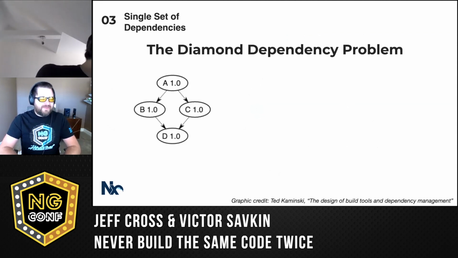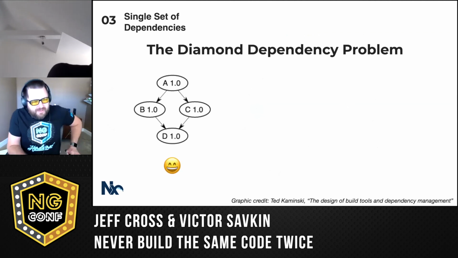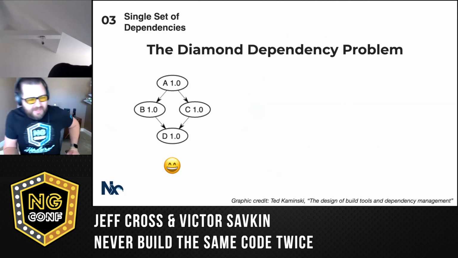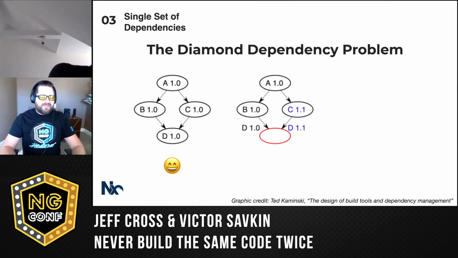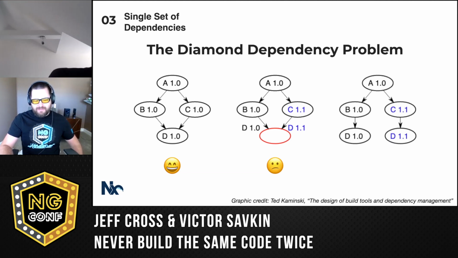And third, we have a single set of dependencies. One thing is that there's this thing called the diamond dependency problem. When you have a library or a project that depends on two other projects, and they depend on the same version of another dependency, that works fine.